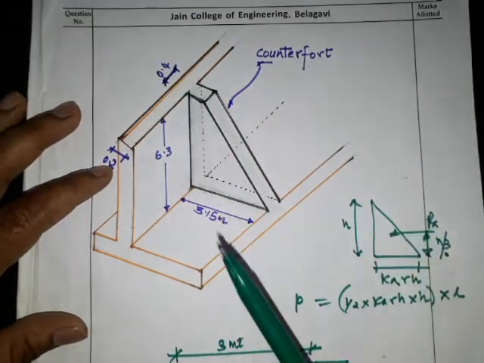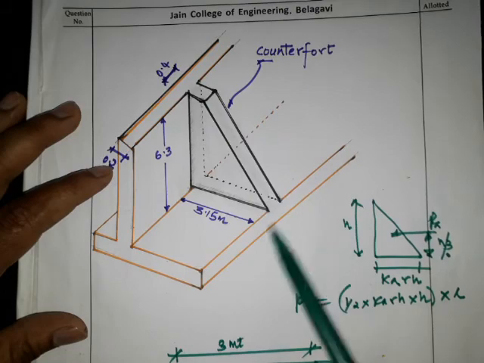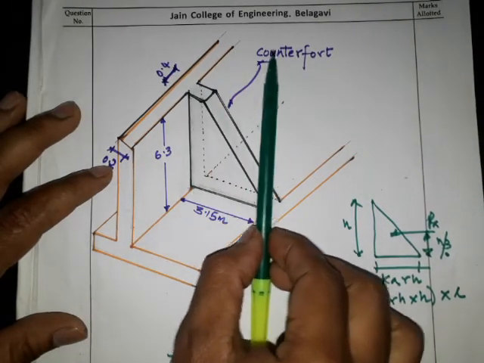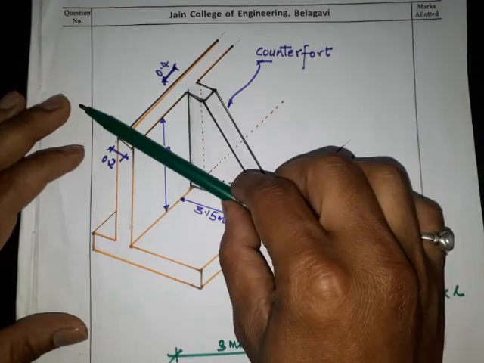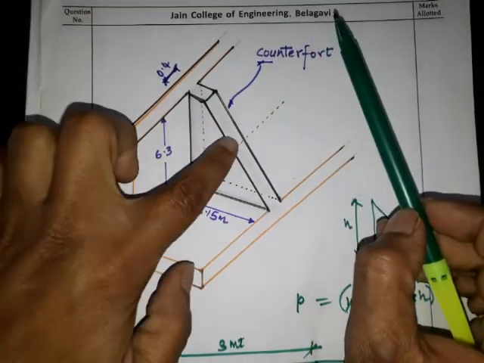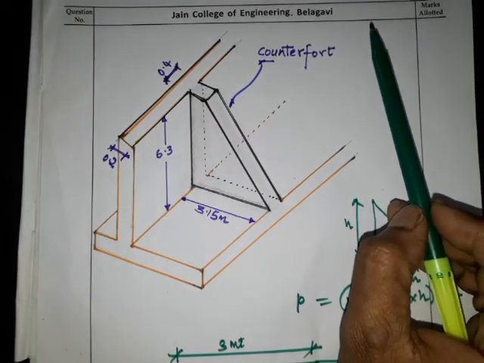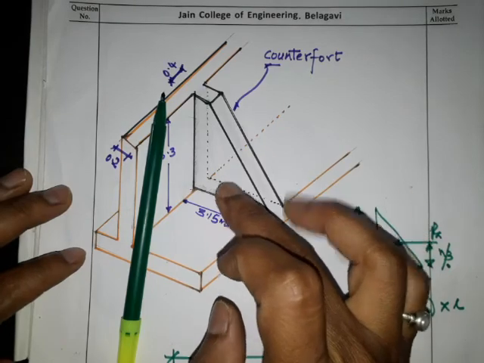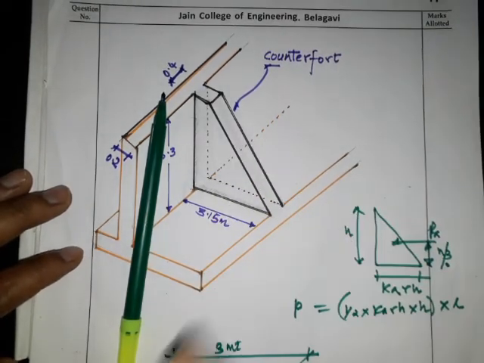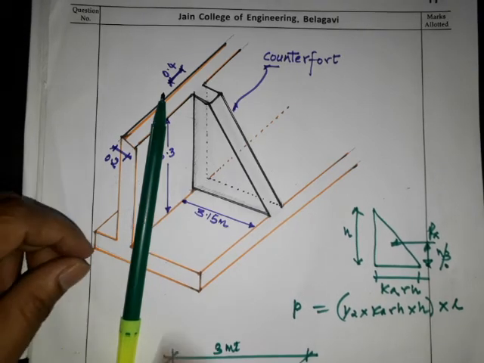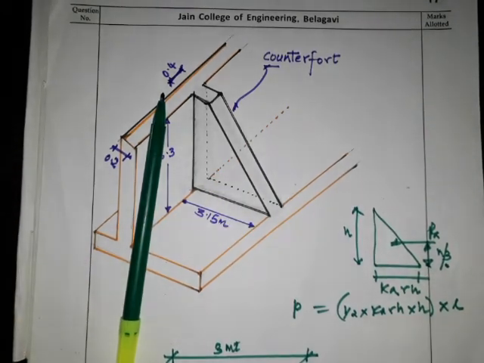But when you provide the connection between the heel slab and counterfort, we have to provide the vertical links. So horizontal links for connection between counterfort and stem, and when you provide connection between heel slab and the counterfort, the links should be provided in vertical direction. Correct. So that will be joined.